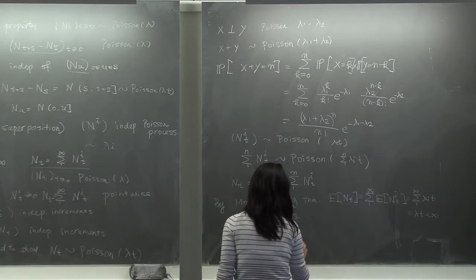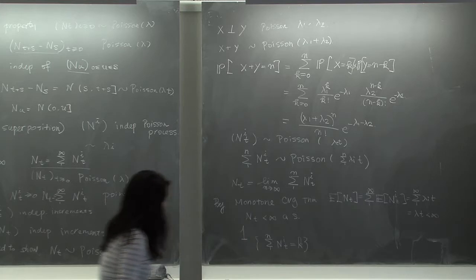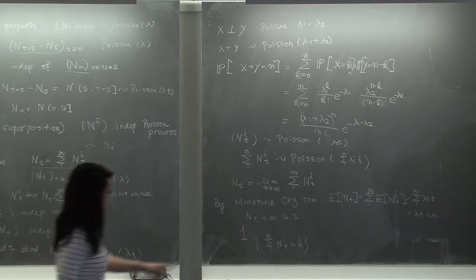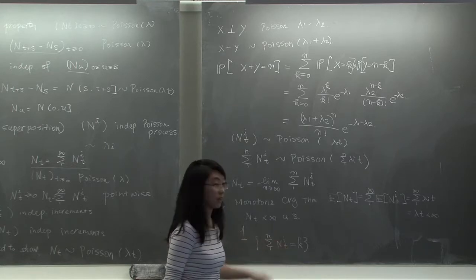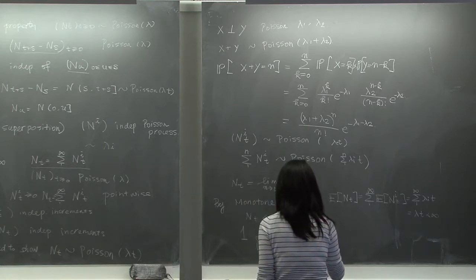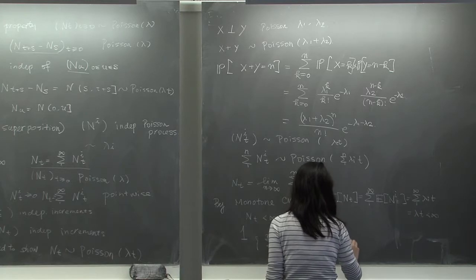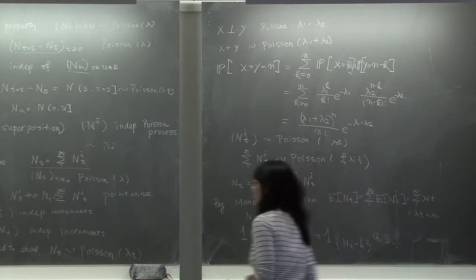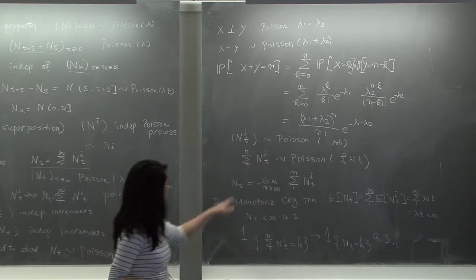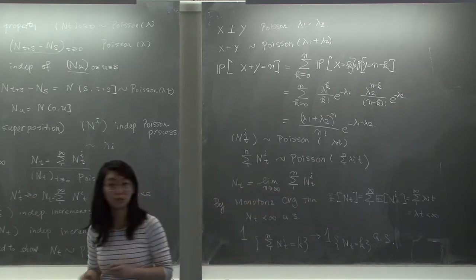So we know that the indicator function, where we cut off at n, equal to k, has to converge almost surely to the indicator function N_T equals k. This is because all these processes just take values in the integers.